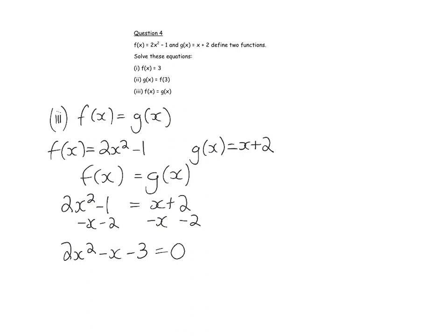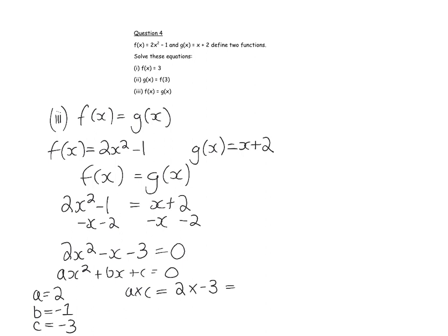So it's always going to be in the form ax squared plus bx plus c is equal to 0. We have a equal to 2, b equal to minus 1, and c equal to minus 3. The next thing we need to do is multiply a by c, which is 2 by minus 3, which is going to give us minus 6. And then we need to list the factors of minus 6.